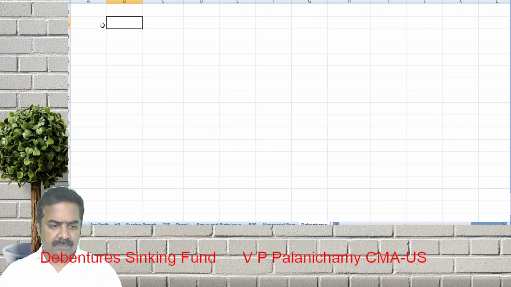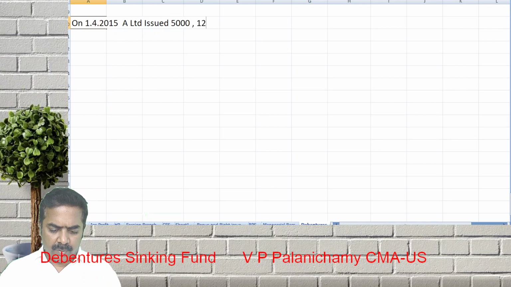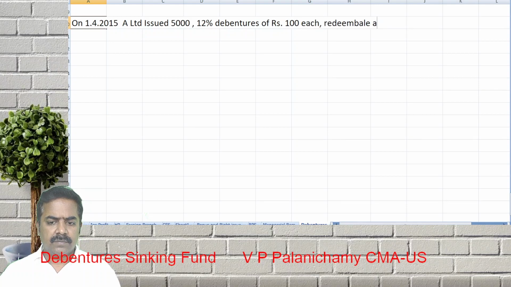Take up this problem. This is not there in the material. On 1/4/2015, A Limited issued 5,000 12% debentures of rupees 100 each, redeemable. It is not in the book, it is one question.